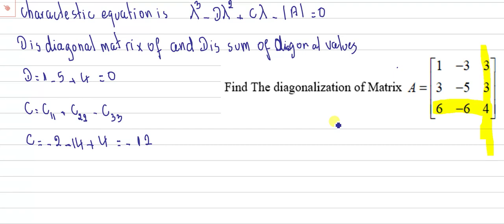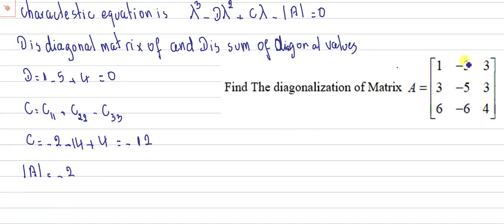And now we find the determinant of A. I omit this one and this one. So 20 plus 18 is minus 2, equal to minus 2.